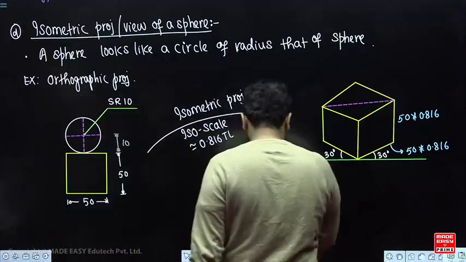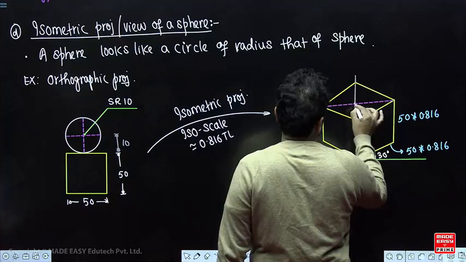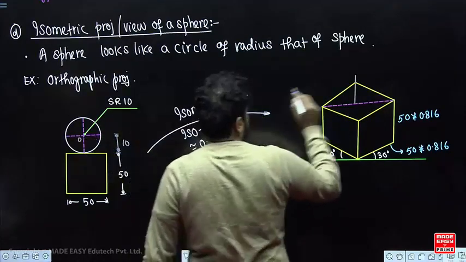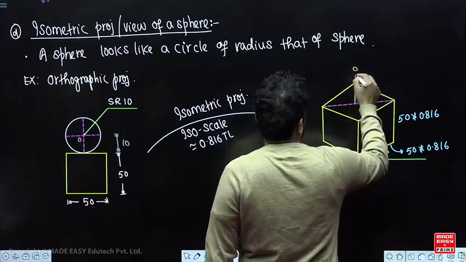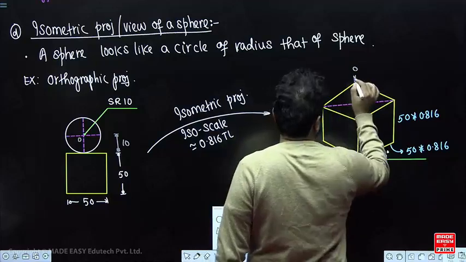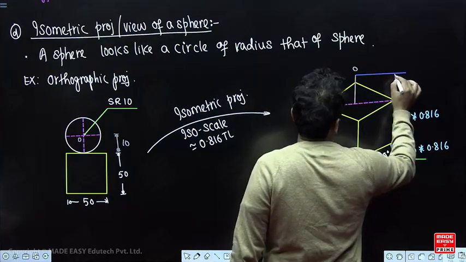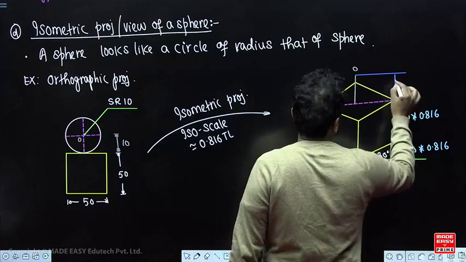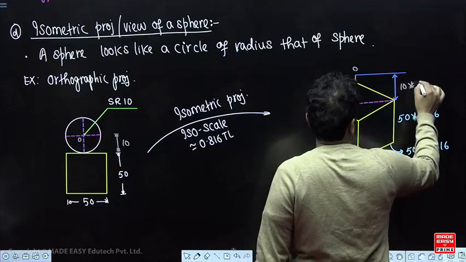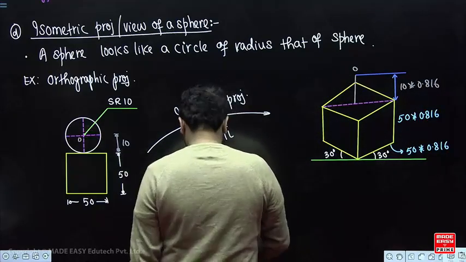Let us say this is O, and this length will be 10 into 0.816. The center is at that distance.